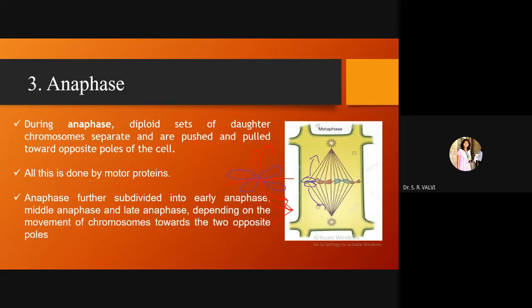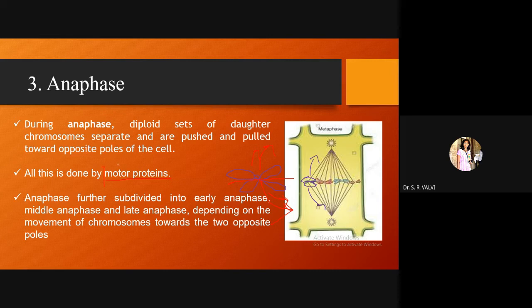So all this is done by which protein? Motor protein. In the previous phase, metaphase, which proteins have we seen? Kinetochore and cohesin, right? So kinetochore and cohesin are the proteins which help to align chromosomes in the center. Now in the anaphase stage, which proteins are helping us?